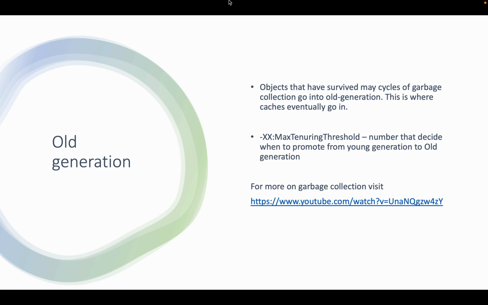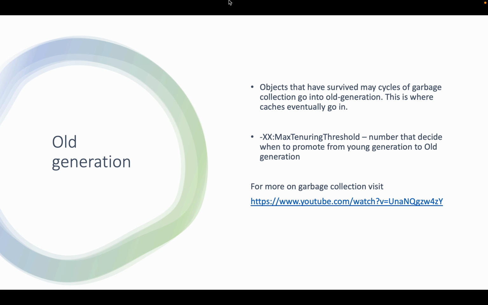So in the old generation, objects that have survived many cycles of garbage collection go in. This is where caches eventually go. Then you can actually control the threshold of promoting from the young generation to the old generation.